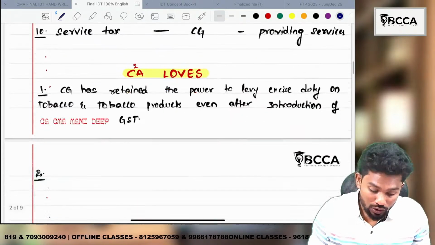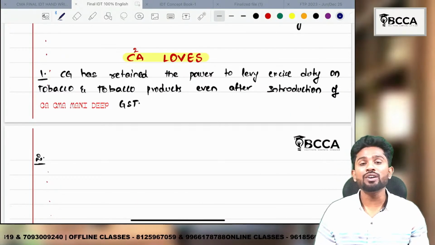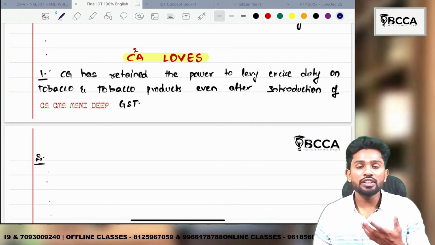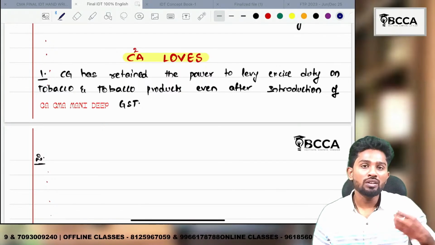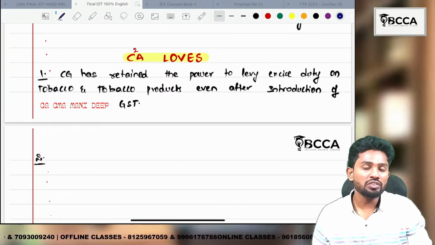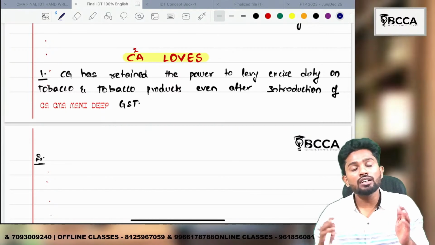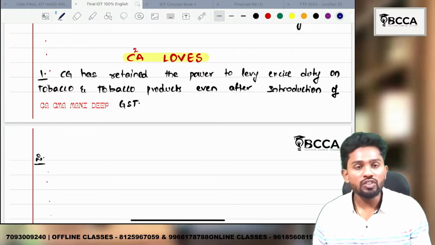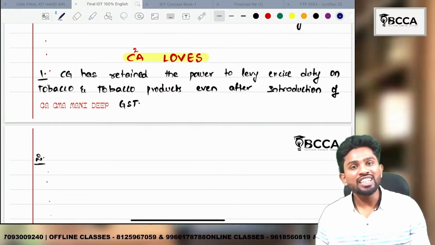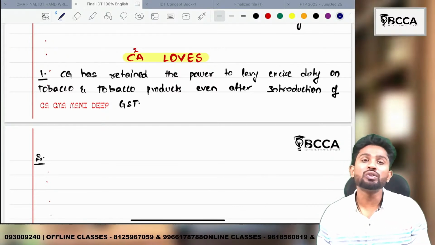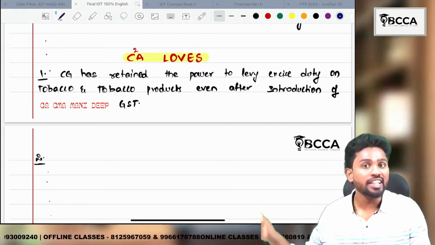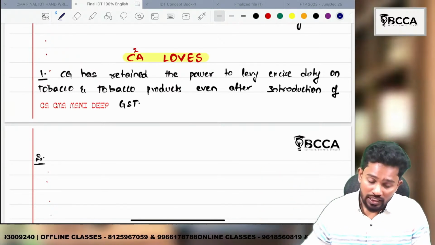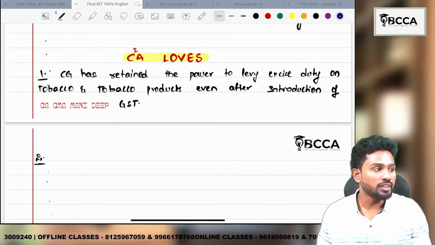But there is something called state excise duty, which is levied on things which give you that kick. Alcohol, drugs and psychotropic substances all come under the purview of state excise duty. So even after introducing GST, the state government has retained the power to levy state excise duty on these items.